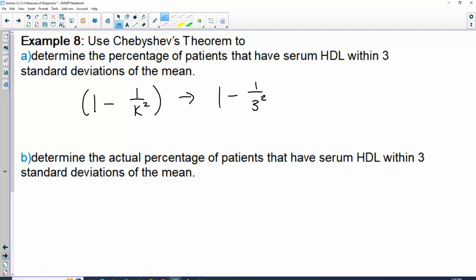So 1 minus 1 over 3 squared. And what does that give us? 88.8 repeating, so that's 88.9%.